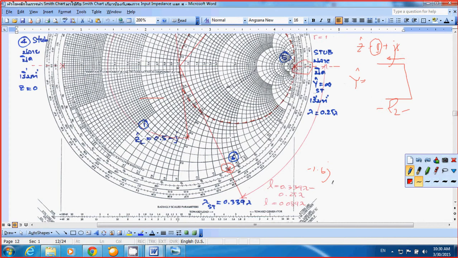Since this one is 0.25 and this one is 0.339, you can find the length by simply subtracting: 0.339 lambda minus 0.25 lambda gives you 0.089 lambda.